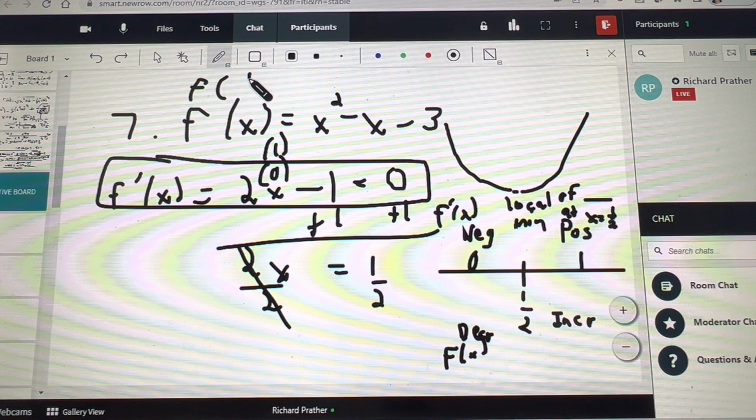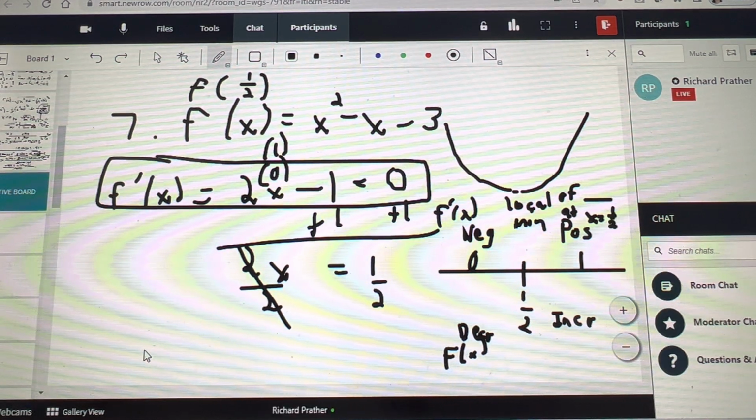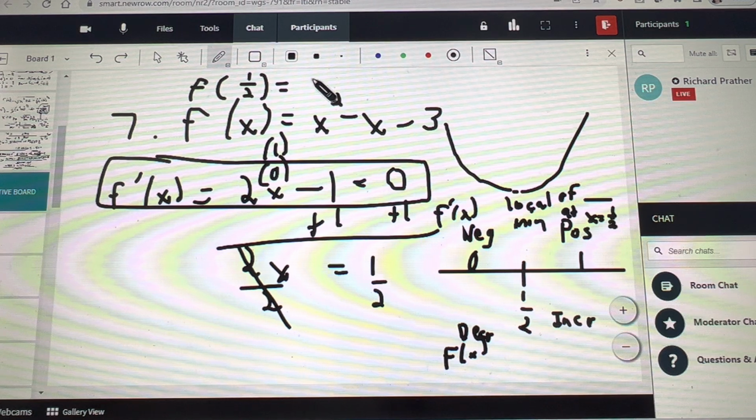Here's where you could get confused on a test and wonder, when do I plug numbers into the derivative? When do I plug them into the original? We want the value of the local minimum, which is how high it is on the original graph. So you have to plug that into the original function. Critical numbers always get plugged into derivatives, but if you want locations of spots on a graph, you have to plug it into the original graph.